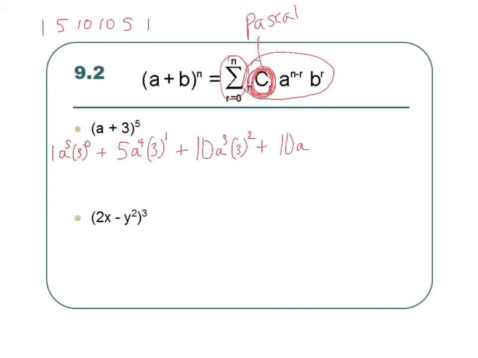A works its way down. The b value works its way up. Plus, next Pascal number is a 5. A is going to be to the 1st. The 3 is going to be to the 4th. Plus, last term it's going to be a 1. My a is going to be to the 0, and my 3 is going to be to the 5th.